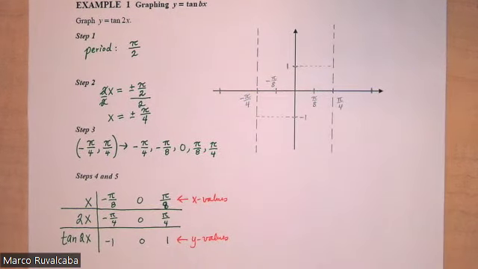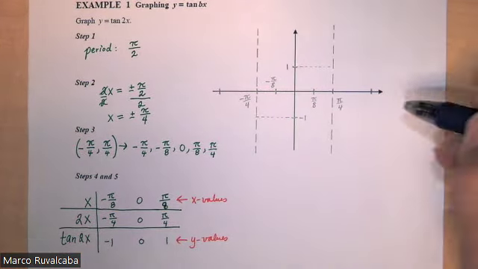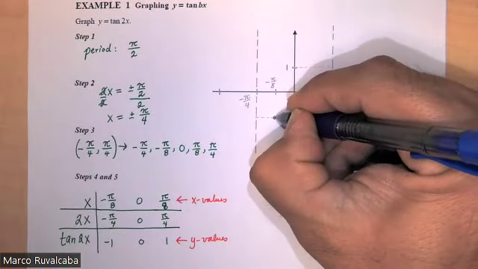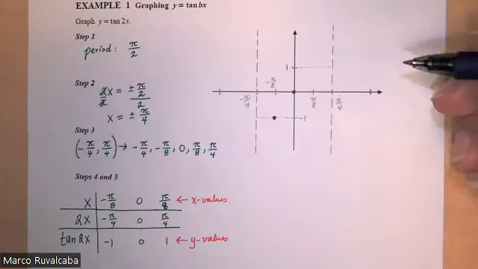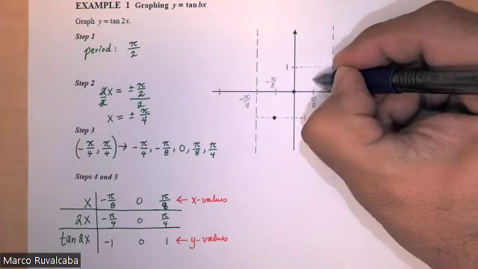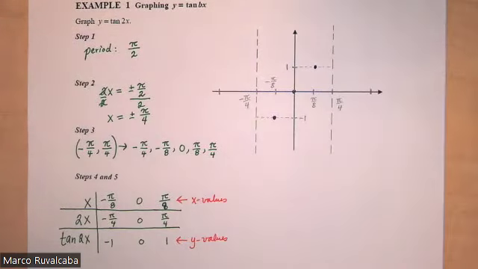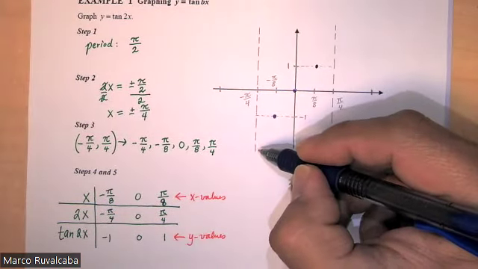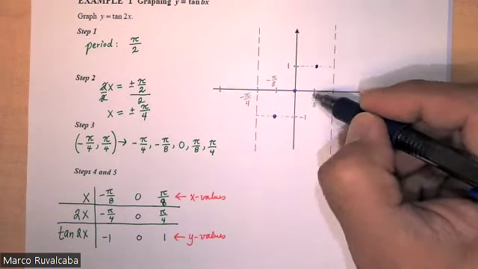Okay, and I'm going to plot them now. So negative pi eighths, negative 1. So this will be my first plot, and then 0, 0, and then pi eighths, positive 1. And I made myself some lines there to help me graph it, because my vision is not great, and I want to get as precise as I can.